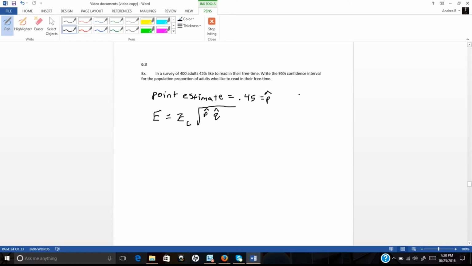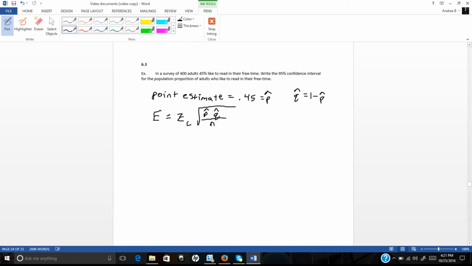Just like with q before, you do 1 minus the p hat. The hat just means you're dealing with a sample rather than a population value. Then you divide by n, take the square root of it, and multiply by your critical value from your normal distribution table.